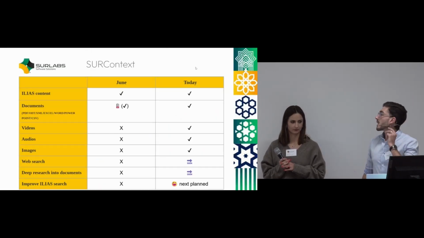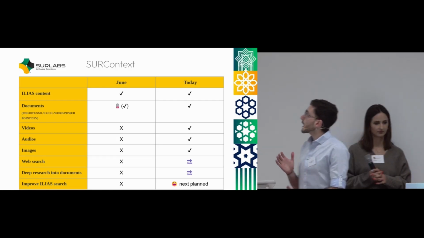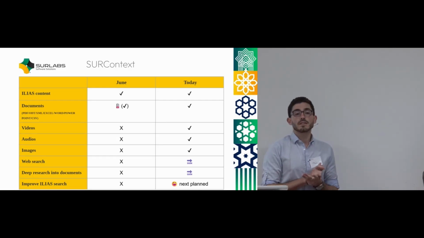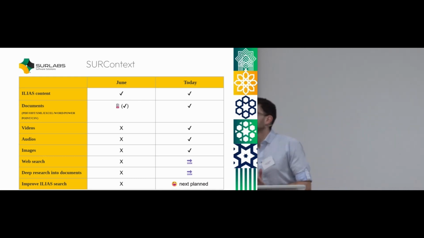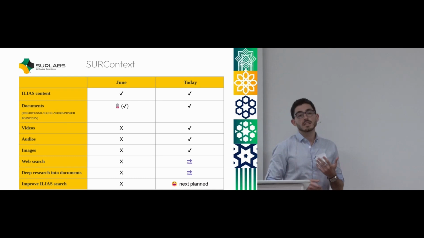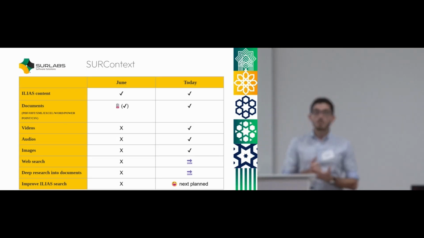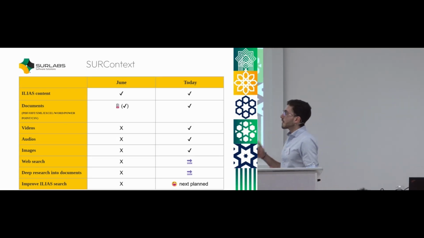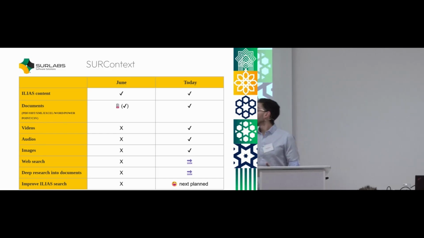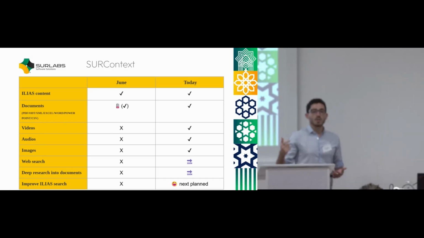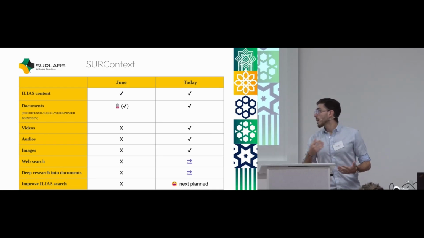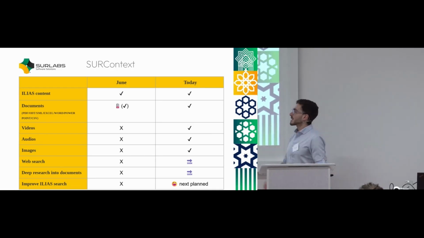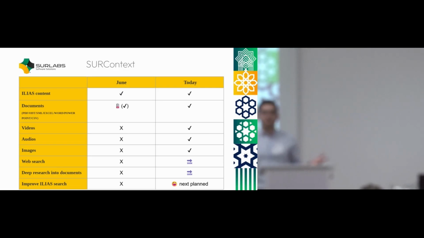So how was the evolution of SIR context? In June, we presented the first version, which was able to upload ILIAS content and some documents, for example, PDF. But right now, we are able to upload PDF, ODT, XML, Excel, Word, PowerPoint, so a lot of types of files. We are also able to upload video, audio, image, a lot of things.